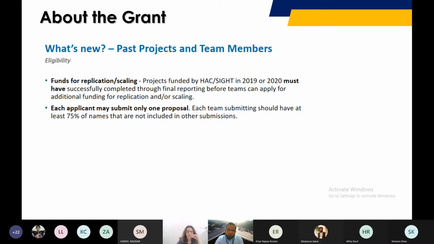The second is that 75% of your team must be changed: if you are submitting two grants, there should be a 75% margin of difference in team members between them. So these are the two rules, and I hope that now that you are aware, you can definitely go with that.